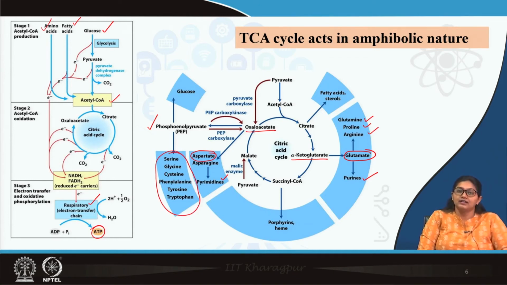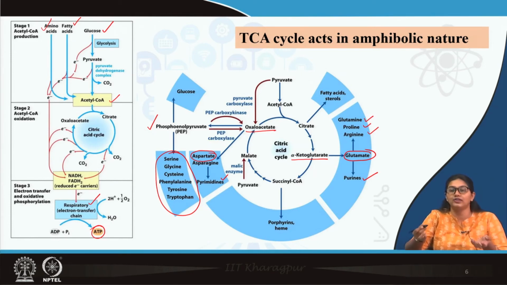Another intermediate, succinyl coenzyme A, plays an important role in forming the porphyrin ring. The porphyrin ring is present in heme, and you all know that heme is important for the synthesis of hemoglobin. It is basically the oxygen carrier and is also present in myoglobin.